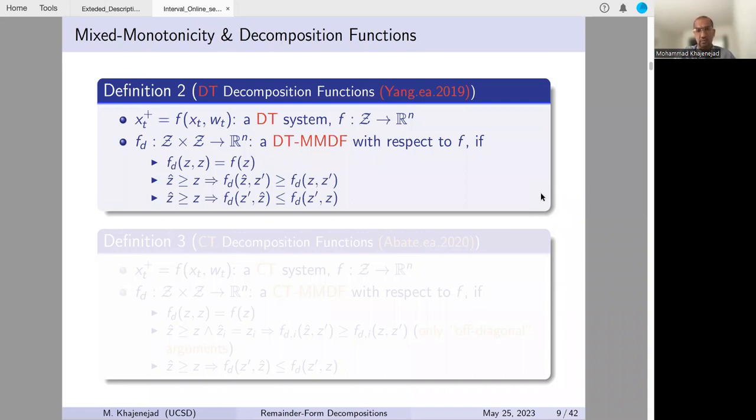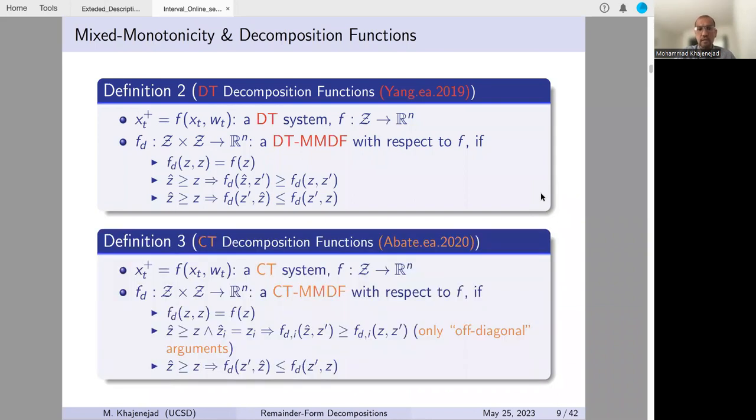The second condition is Fd is monotonically increasing in its first argument and also monotonically decreasing in its second argument. In continuous time, it is almost the same, with the slight difference that this second condition only needs to hold for off-diagonal arguments, and that is due to the subtle difference between monotonicity discussions in discrete time versus continuous time systems.